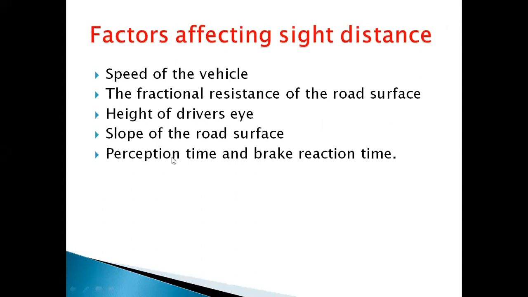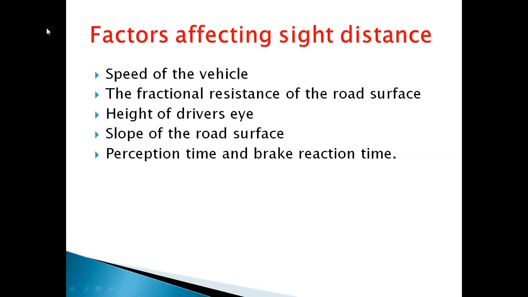Then the next point is the factors affecting sight distance. Now see which factors affect the sight distance. First is the speed of the vehicle. The speed of the vehicle affects the sight distance of the road.